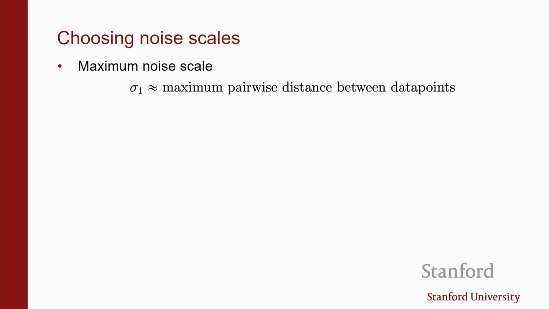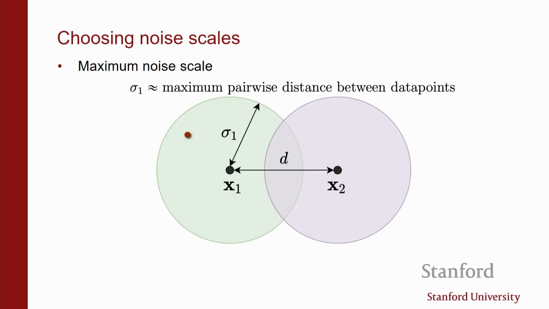For the maximum noise scale, you probably want to choose it to be roughly the maximum pairwise distance between any two data points. The idea is that if you have two images in the data, x1 and x2, you want the amount of noise to be sufficiently large so that it's possible to go from one data point to the other if you were to add noise.